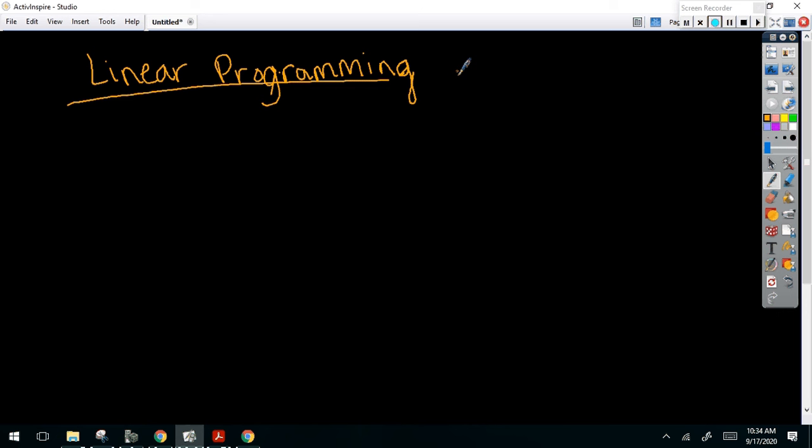In terms of math, for the optimal solution we'll be looking for a maximum or a minimum, given a set of constraints. This system of linear inequalities is called my constraints.